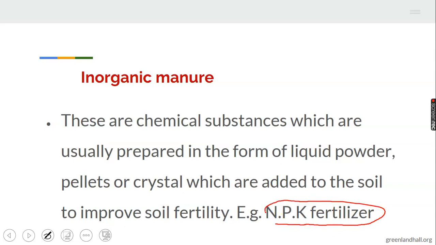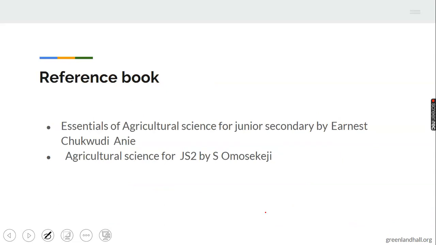They will ask you to apply fertilizer to the soil. It is called NPK. NPK fertilizer consists of nitrogen, phosphorus, and potassium. N stands for nitrogen, P for phosphorus, and K for potassium. NPK fertilizer is an example of inorganic manure.